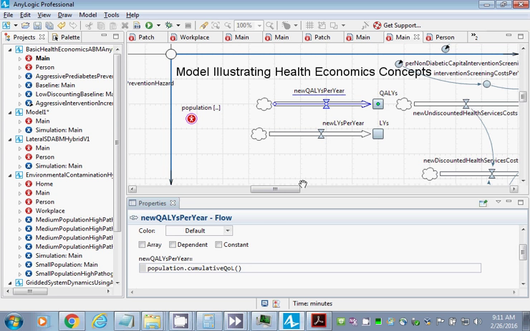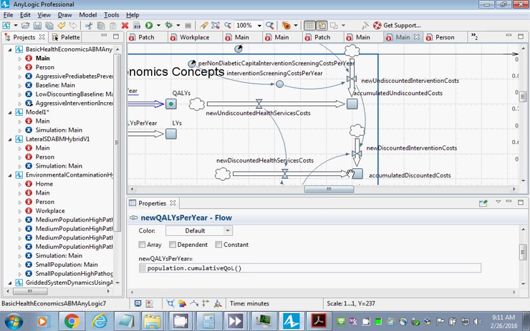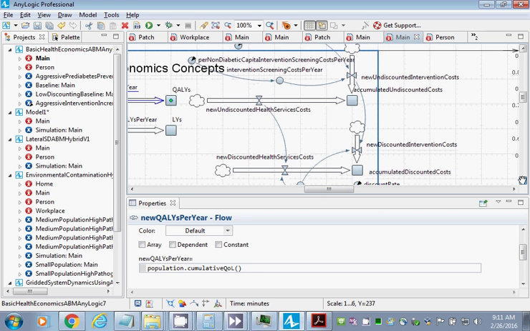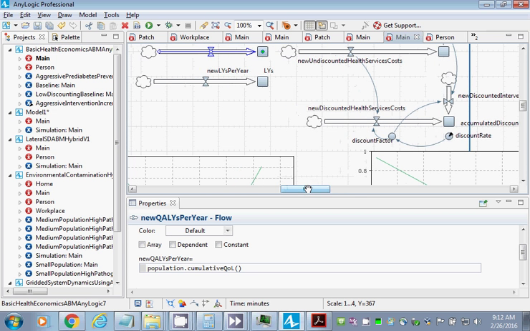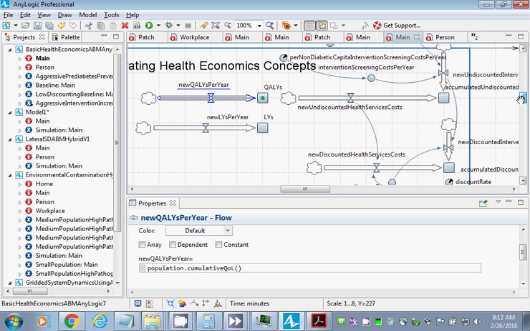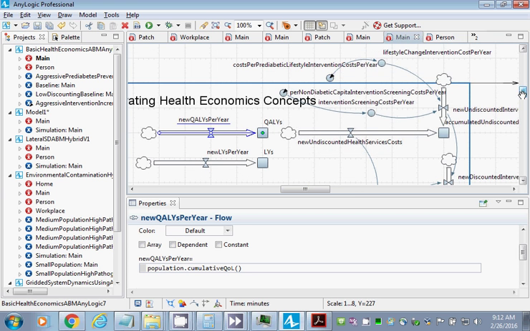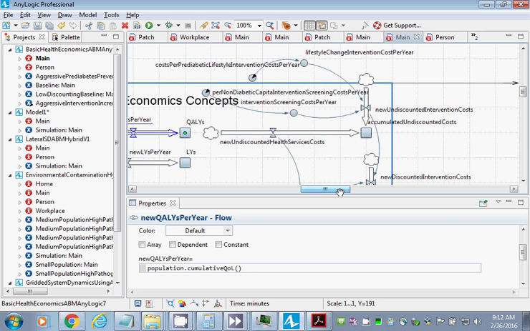So this model is described online. It does take into account as well, although I'm not going to have time to go into it in detail, the effects of intervention costs. So if you're intervening upon this population to lower the burden of diabetes, there are some intervention-related costs for lifestyle interventions, which are on a per-person basis, per person intervened upon, and it totals that up across the number of people receiving the intervention.